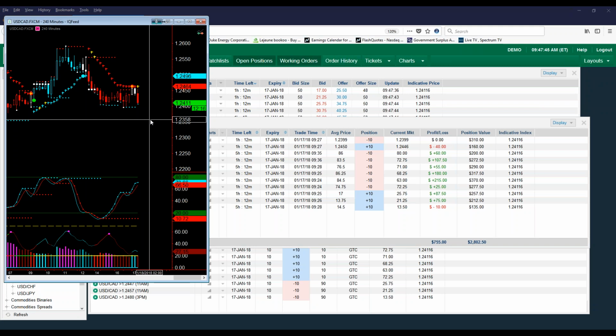Everybody's expected that the Bank of Canada will actually raise their interest rates by 1/4 of a point. And the last time they didn't, they expected it, they didn't, and the USD CAD surged up. I mean, literally surged. I think it was over 200 pips that day.